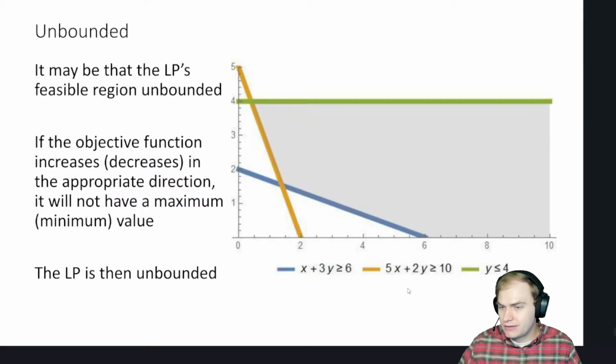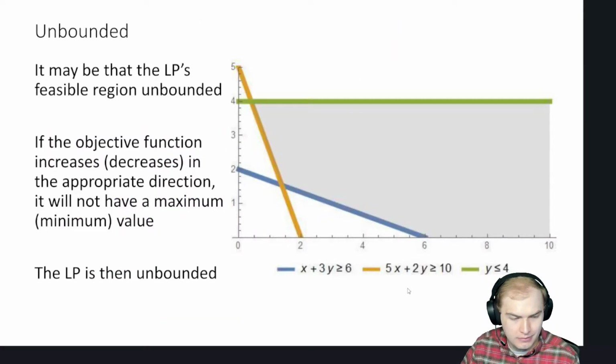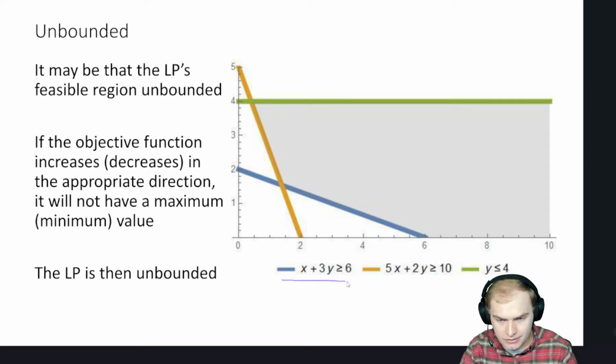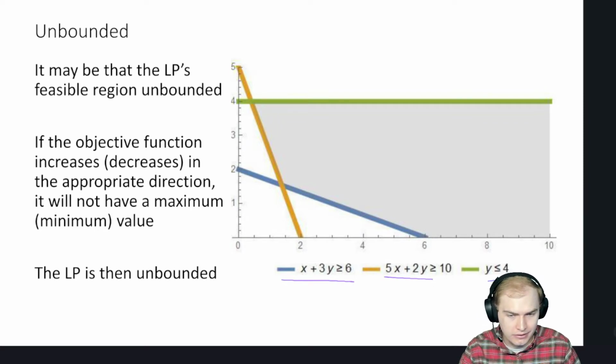The second type of solution that your LP could have is unboundedness. So let's suppose that we have an LP and its constraints are these three inequalities. And I've plotted them.